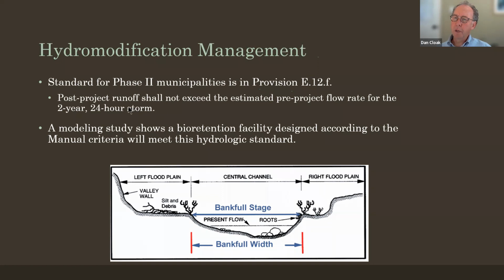The standard here really refers to a flow rate, which is somewhere up here around bankfull stage, which more or less corresponds to about a 2-year storm, is here. The difficulty in using this as a control mechanism is that if you achieve this by detaining and then releasing flow, that would allow you to control flows above this amount, but discharge them after the passing of the storm down here.